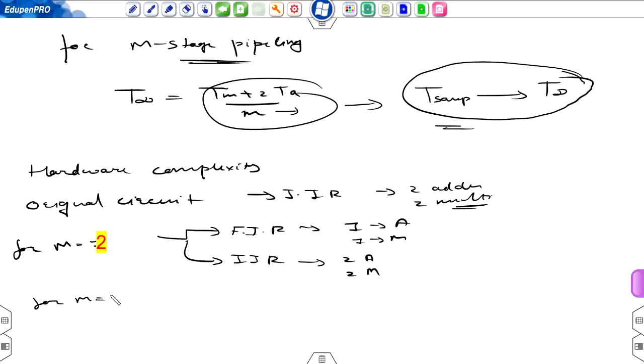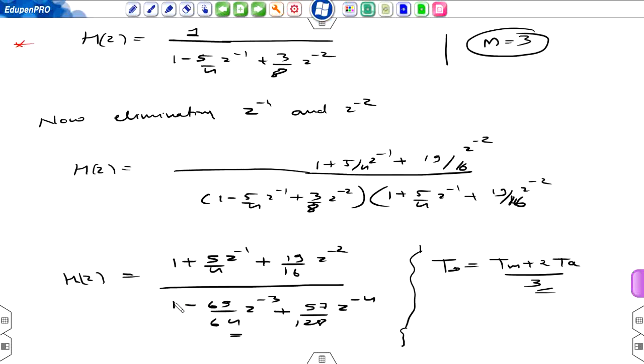For m equal to 2, so you can easily say that this IIR part, that is the denominator, it is having 2 terms, so it will have 2 multiplier and 2 adder, 2 add operation, 2 multiply operation.